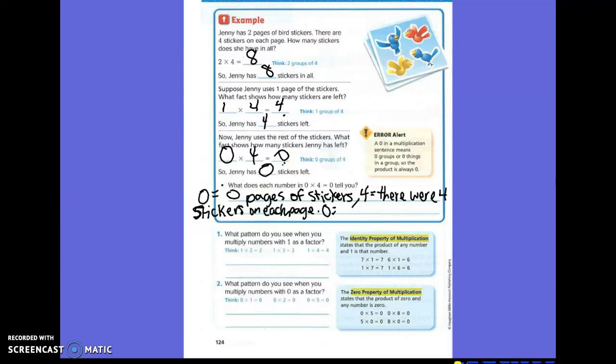There were 2 pages with 4 stickers, so there were 8 stickers. There was 1 page of 4 stickers, so the answer meant there was 4 stickers. There are 0 pages that used to have 4 stickers on them, but now there are how many stickers left, guys? 0. So what does the 0 mean? 0 stickers left.